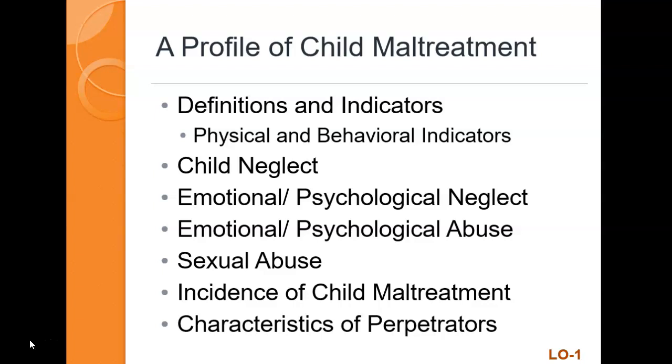Terrorizing is another form, and it includes caregiver behavior that threatens or is likely to physically hurt, kill, abandon, or place the child or the child's loved ones in recognizably dangerous situations. So again, threatening or likely to physically hurt a child, kill or abandon, all those types of terrorizing tactics.